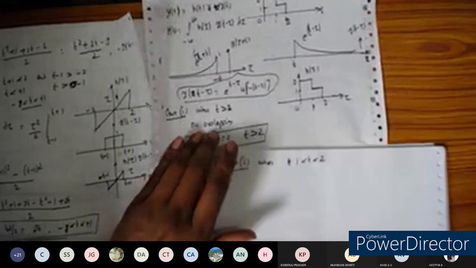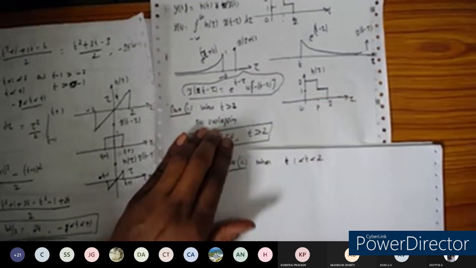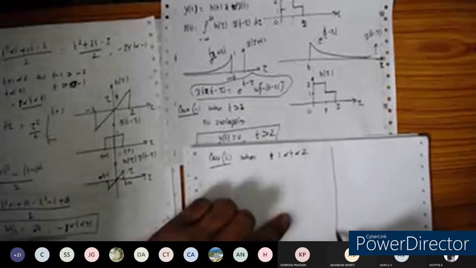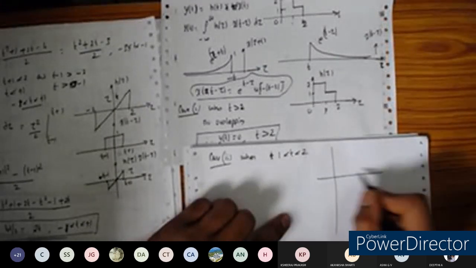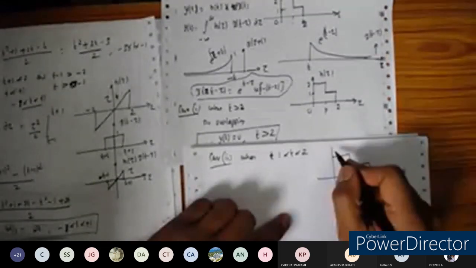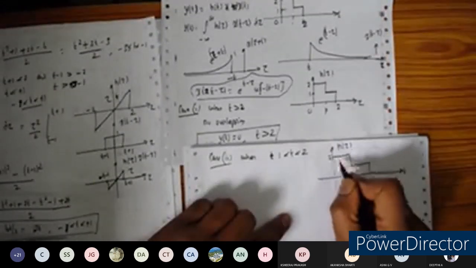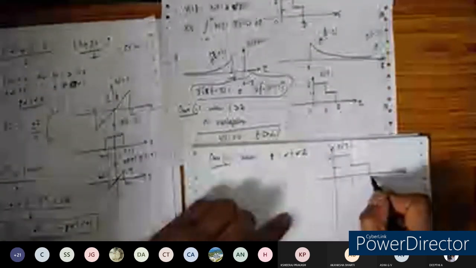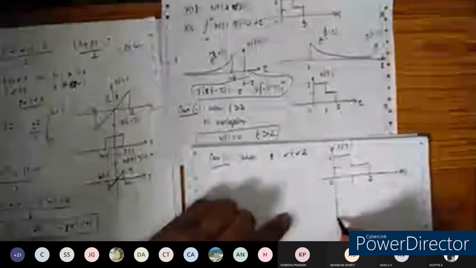Let us plot the waveform. I'm going to plot the staircase waveform first, and then the remaining waveform. From 1 to 2 we have the waveform h of tau, where this is 2 and this is 1, with 0, 1, 2 marked.